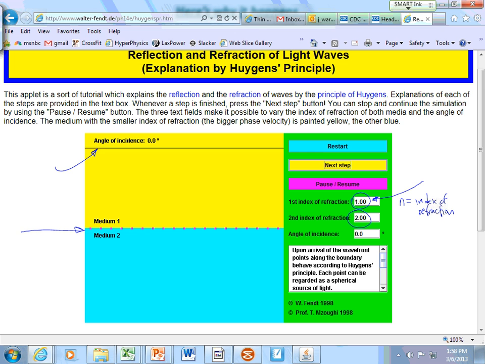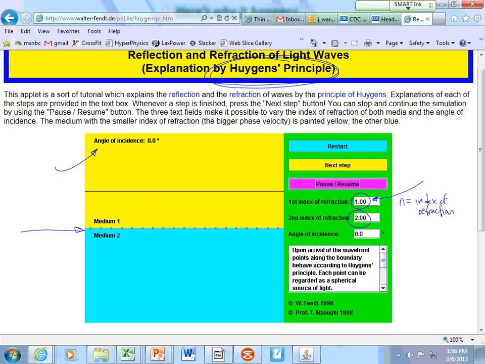Okay. Now, I've got to explain a little bit of what's called Huygens' Principle. It's up here. Huygens' Principle says that a wave by nature keeps propagating. And how does it do that?